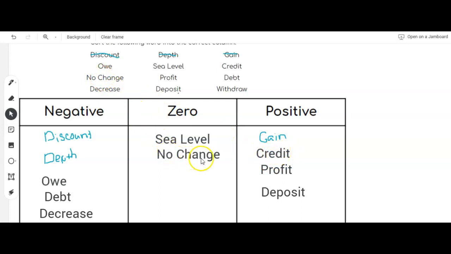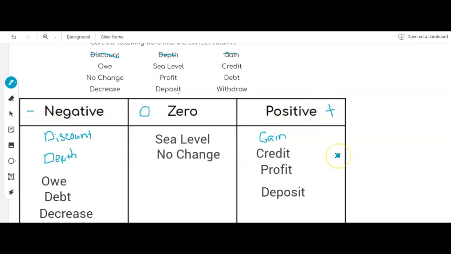No change, nothing changed, so 0. Profit, I'm making money. Debt, I owe more money. Decrease goes down. Negative's always going down. Okay. Deposit, I'm adding money to the bank. Withdraw, I'm taking the money out of the bank. Okay. And I do want to include this. Negative is with the negative sign, 0, and positive.